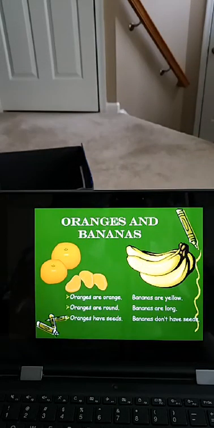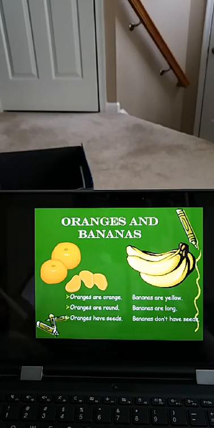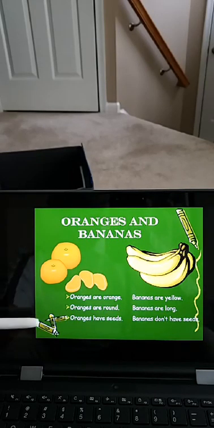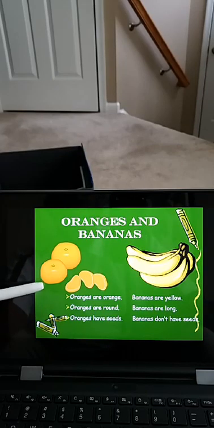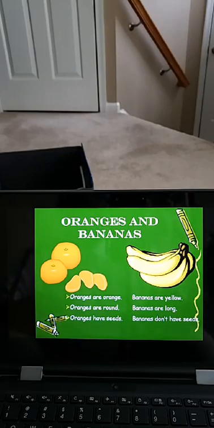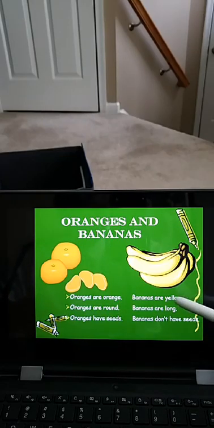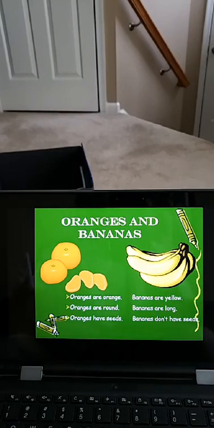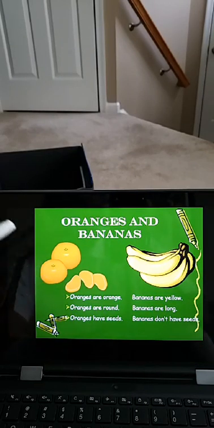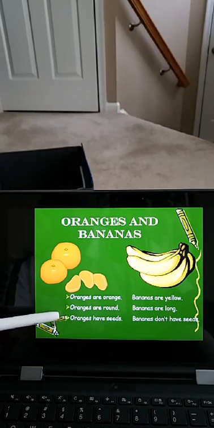When we contrast, or tell what's different about oranges and bananas, we tell how they are different. Oranges are orange. To contrast how they're different, bananas are yellow. Oranges are round.